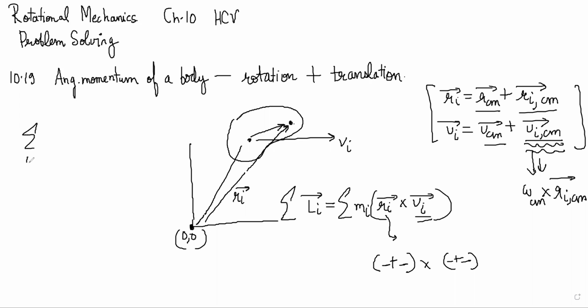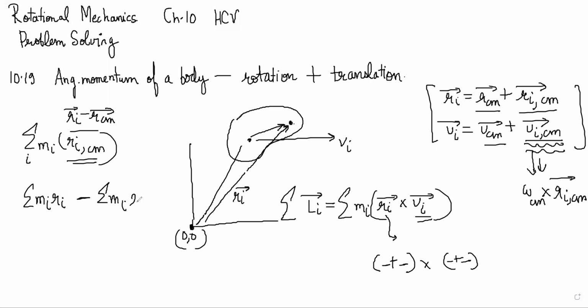Because it is the position of the ith particle with respect to the center of mass, meaning Ri minus RCM, when you do the summation it splits into two summations, and this is equal to RCM into total mass, and this is also RCM into total mass. So this becomes zero.